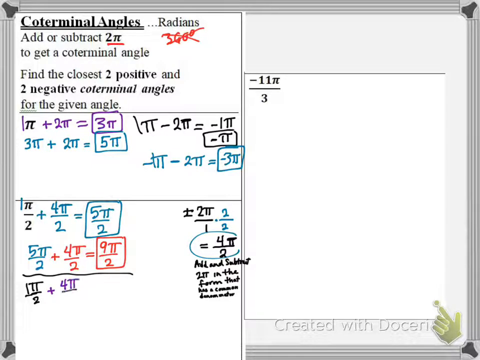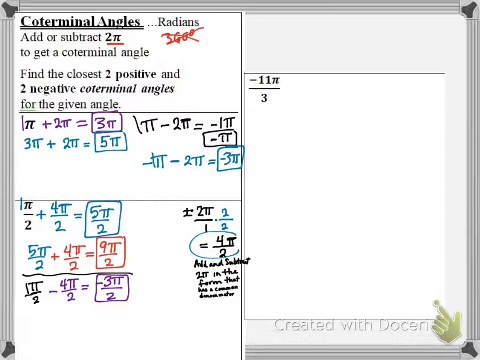Remember, this is 2 pi. It's just an easier form to work with. It didn't help me. I already did some adding. Let's get rid of that. And let's subtract 4 pi over 2. So 1 minus 4 makes this negative 3 pi over 2.